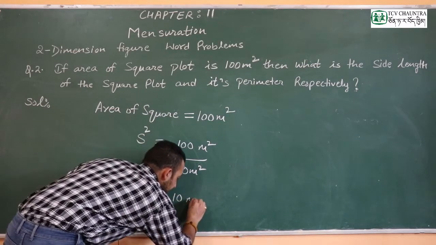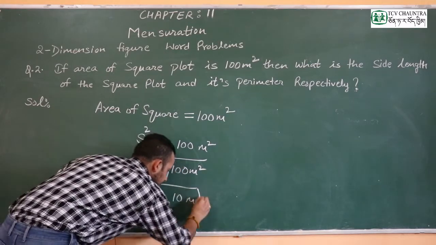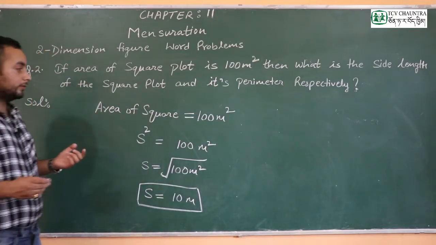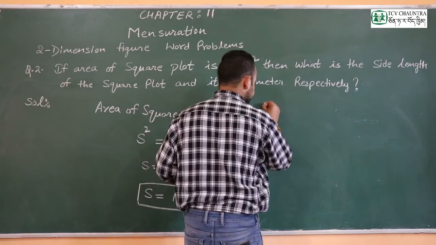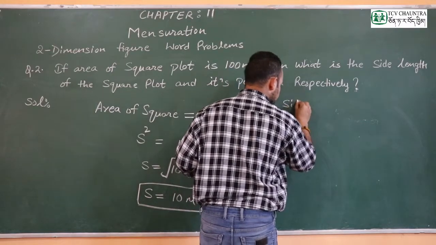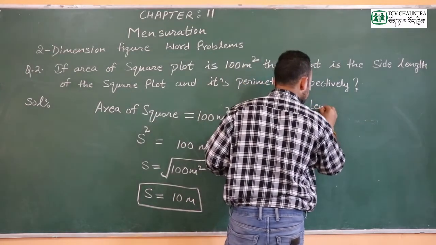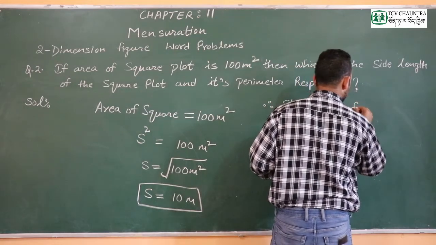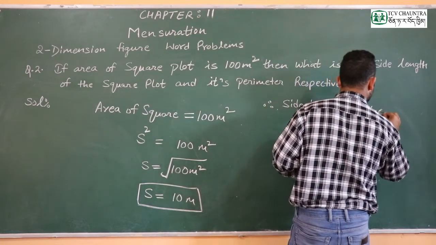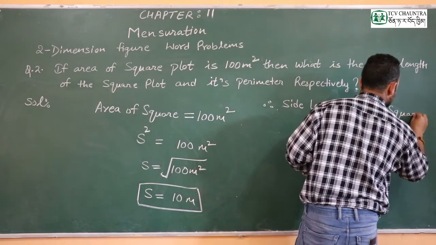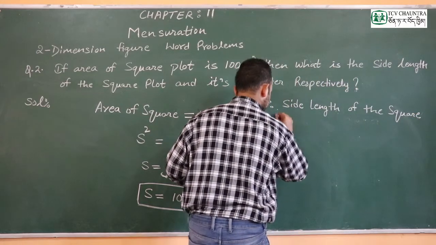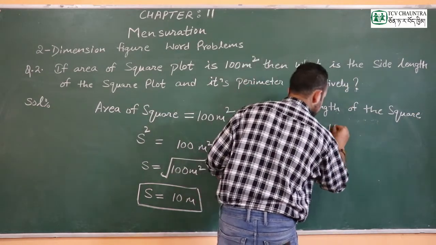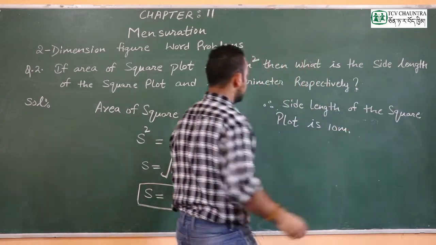So 10 meters is the side length of the square. Therefore the side length of the square plot is 10 meters.